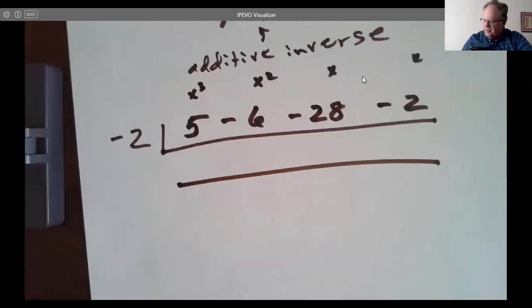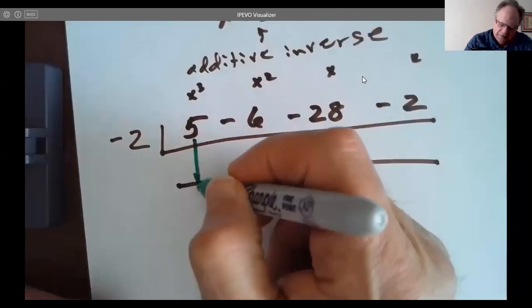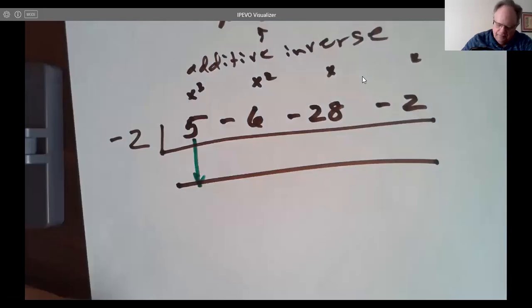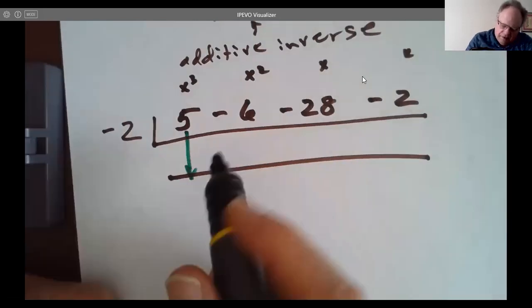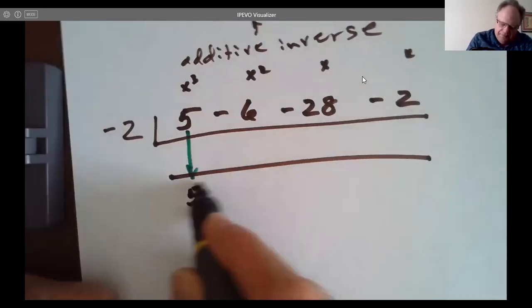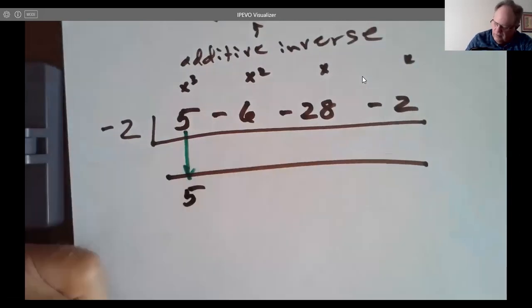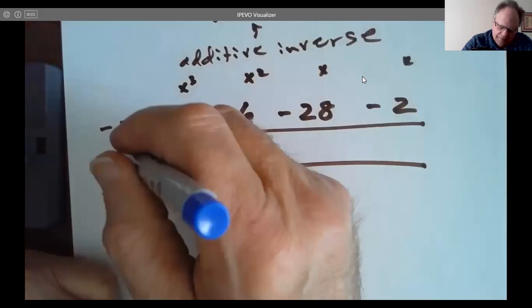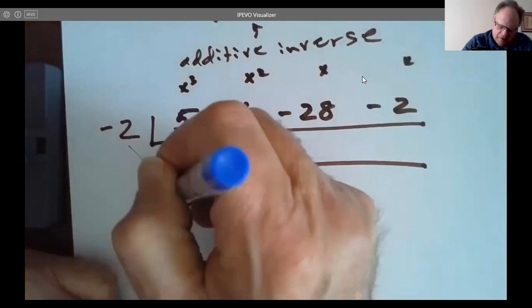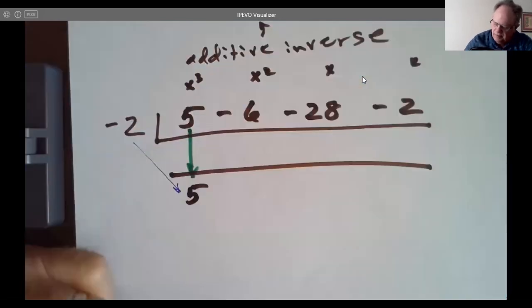Okay, what's the first thing we're going to do? You should have said we're going to drop down that first term. So the 5 comes down, and now we're going to multiply our divisor times that bottom number.